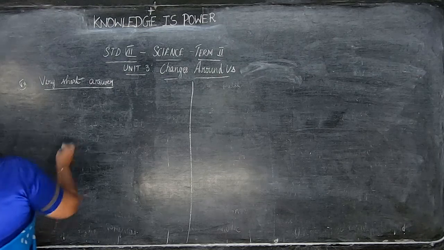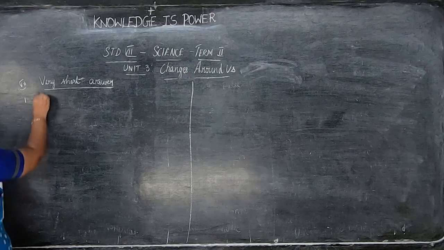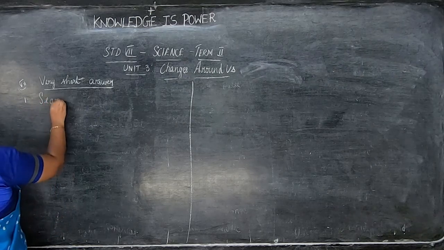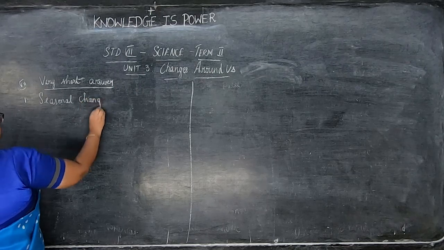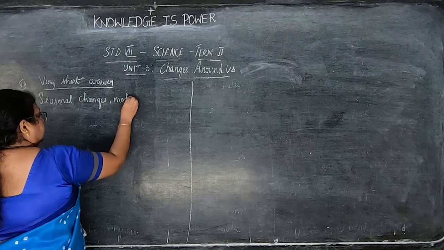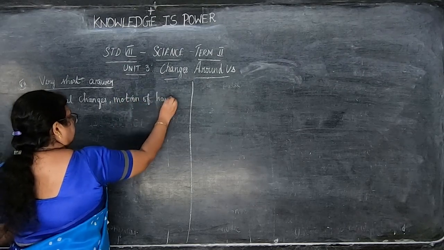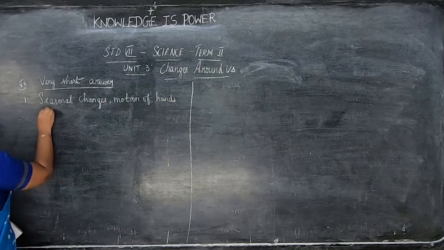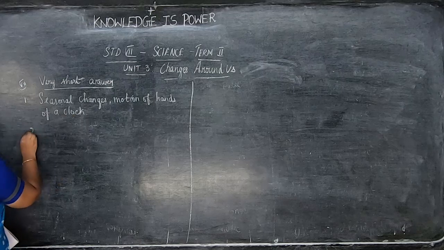First question, state 2 examples of periodic changes. That is seasonal changes, motion of hands of a clock. This is the first one.